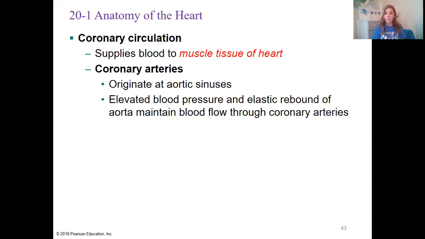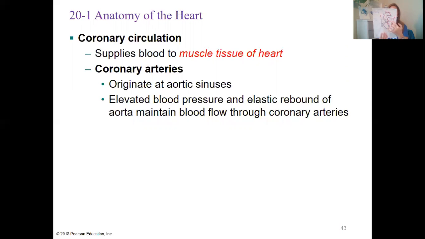So the way it does this is through the coronary circulation. The coronary arteries are what you have labeled on your picture as the RCA and the LCA. So the heart is actually going to get first dibs on freshly oxygenated blood. If you look back at this heart again, remember as the blood flows through the aortic semilunar valve, it gets into the ascending aorta.